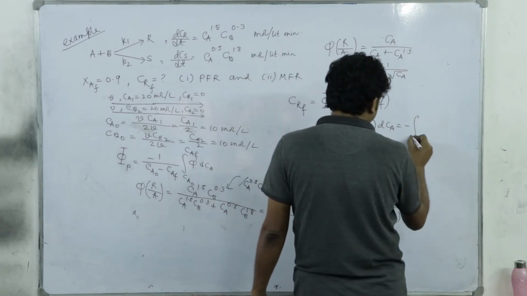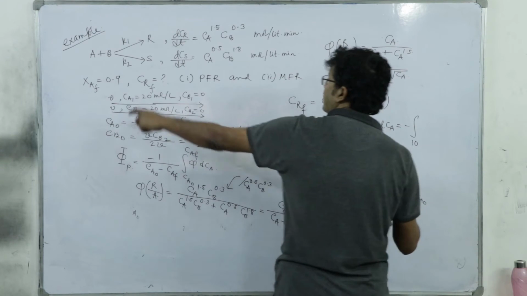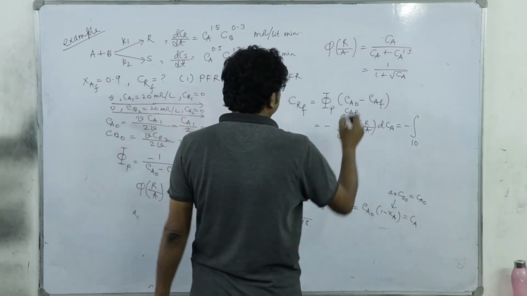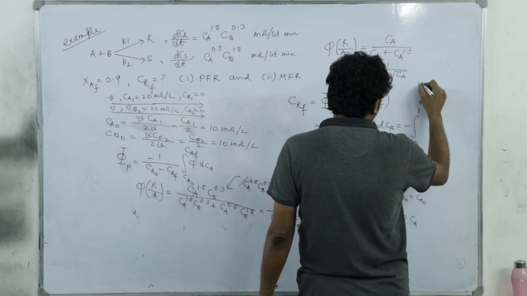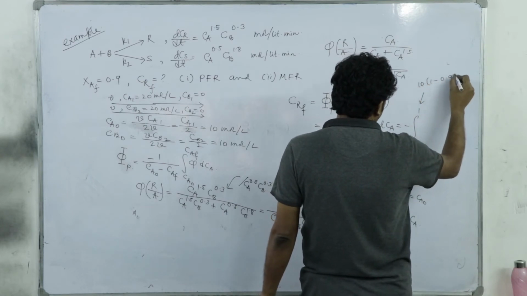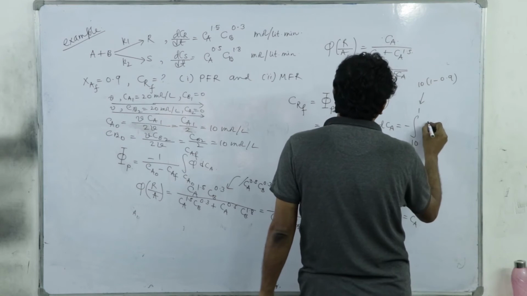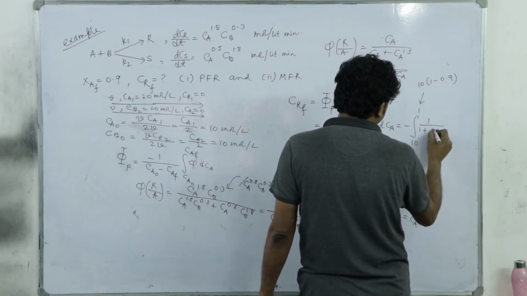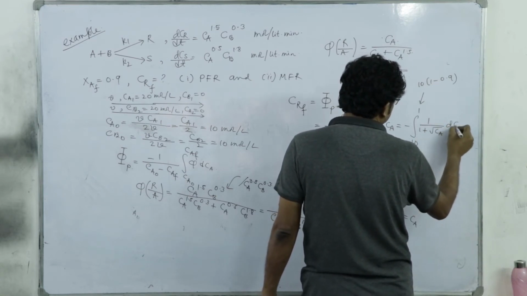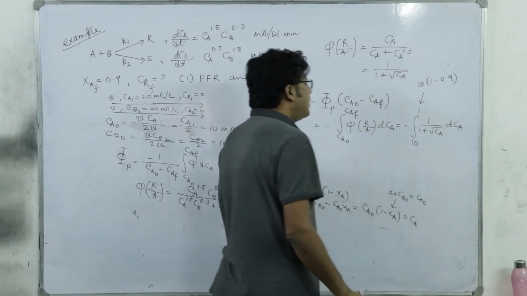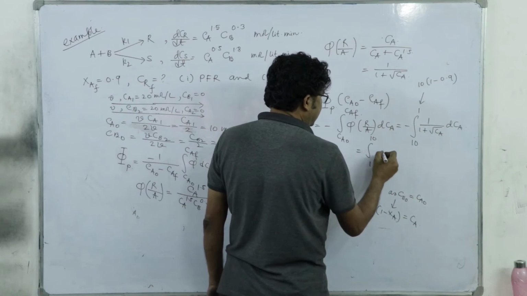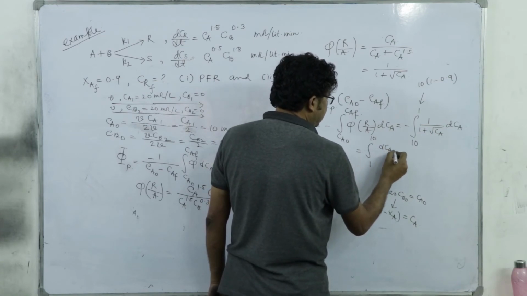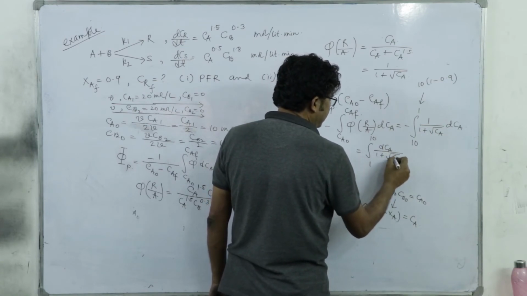And now what is Ca0? 10, and the conversion is 0.9. So Caf is equal to 1, because it is 10 into 1 minus 0.9. Next, we have 1 divided by 1 plus the square root of Ca, dCa. So that we have to integrate. We can change the limits to 1 to 10 of dCa divided by 1 plus the square root of Ca.